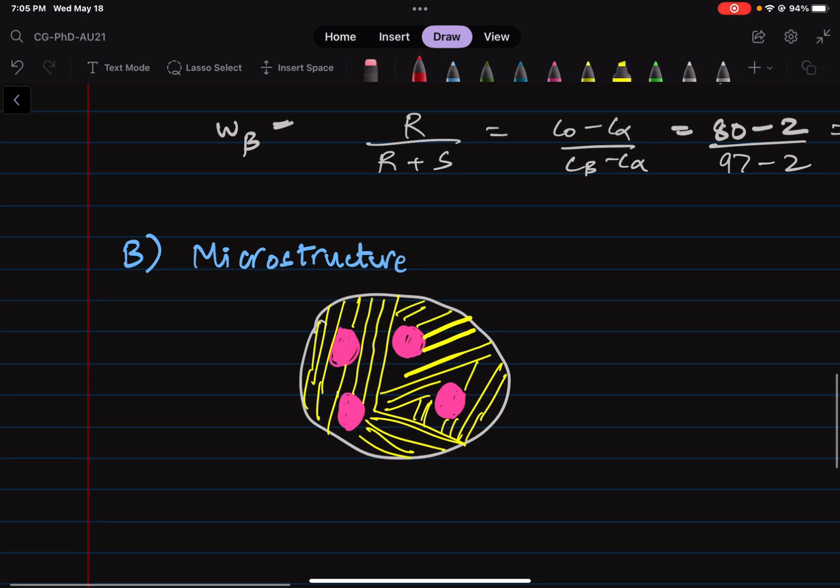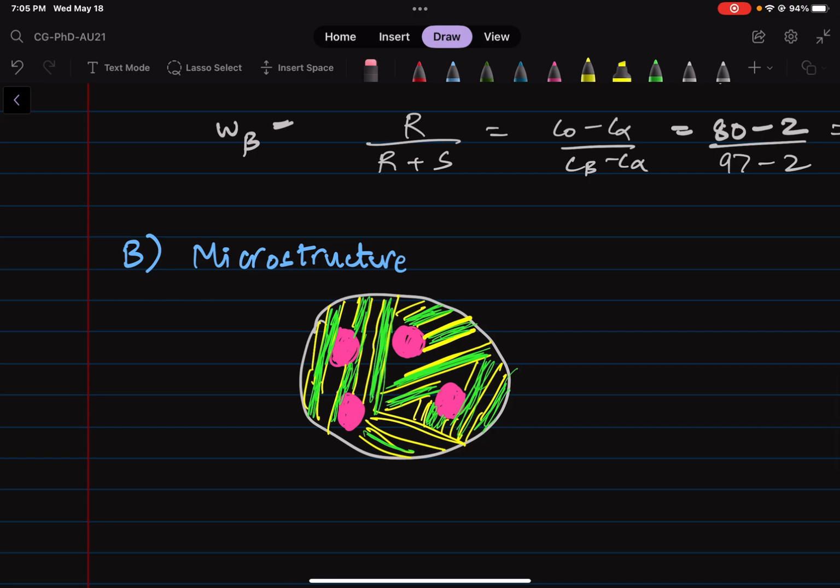And then what I'll do here is color the alternate ones to show the distinction between alpha and beta. Because remember, this is a lamellar arrangement, an alternating arrangement of alpha and beta. So you can color the alternating layers just to clearly demarcate the difference between the alpha and beta.